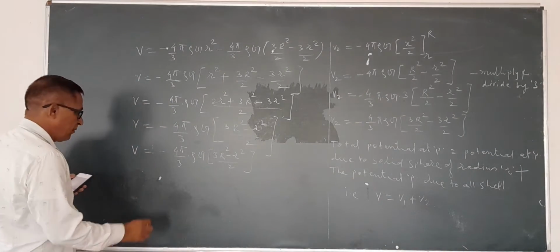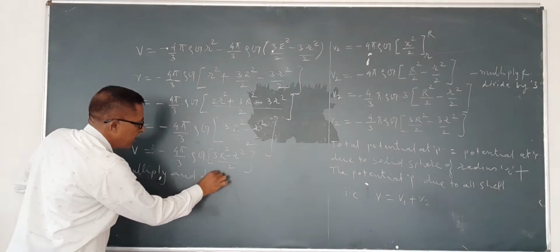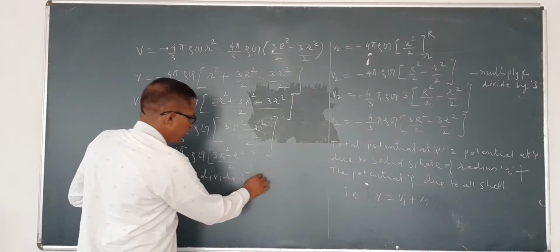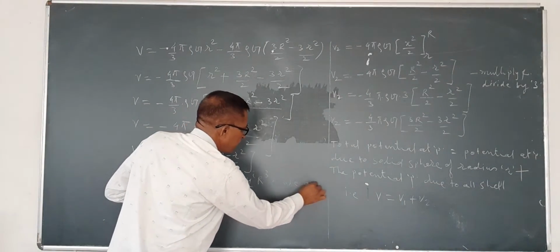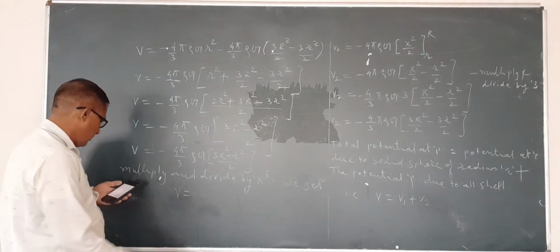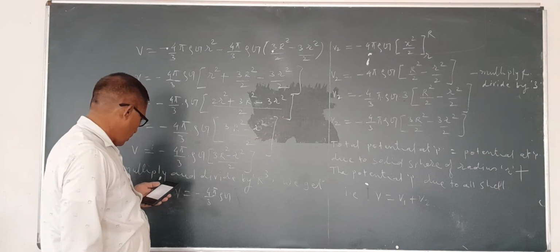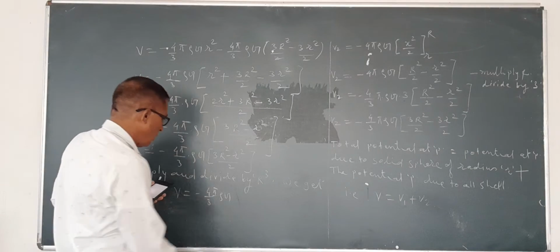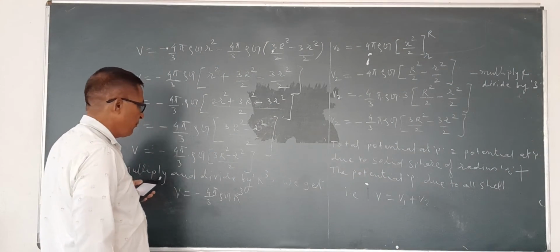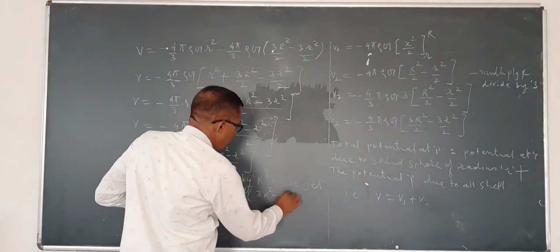Multiply and divide by r, we get: V equals minus 4 pi by 3 rho g into r cube, and into the bracket 3r square minus r square upon 2r cube, as we have multiplied by r cube.